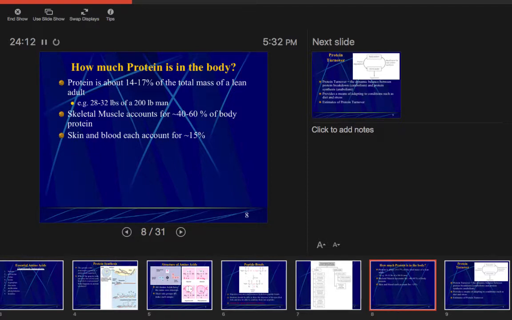So for example, if I scan a person and I have their body composition in front of me and I see a number that says how much lean body mass they have, you can guess about 70% of that is skeletal muscle. So if they're changing lean body mass, there's a good chance they're changing the amount of skeletal muscle. Skin and blood protein account for about 15% each.